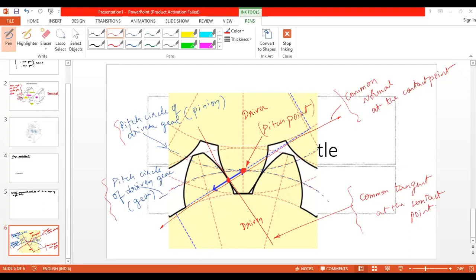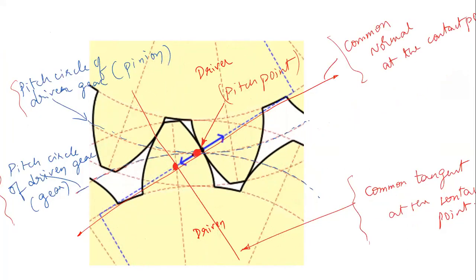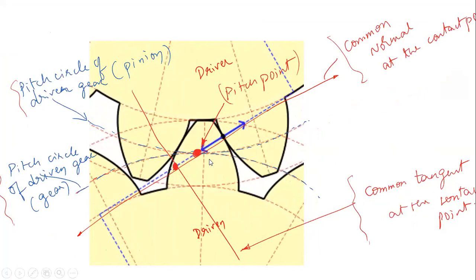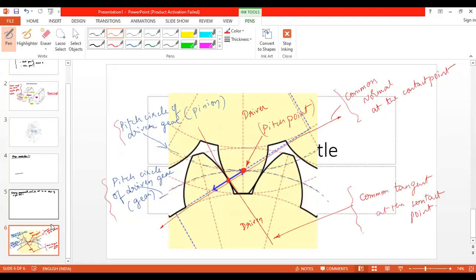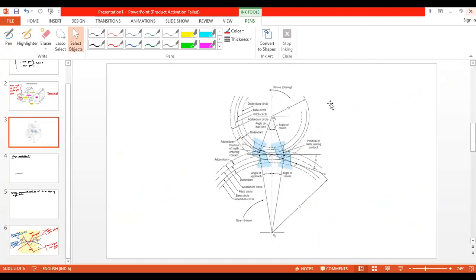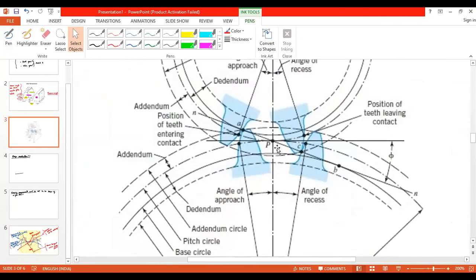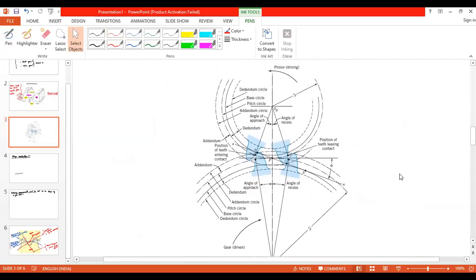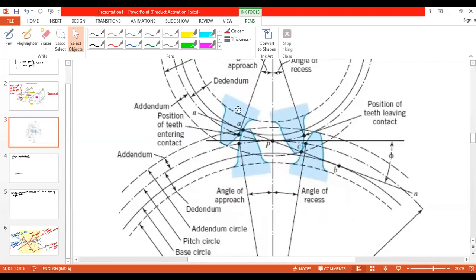So now the gear, if you allow the gear to rotate, at the pitch point, if I stop, I cannot stop this animation here, but I can show you in the next one. So here this is the driver and this is the driven.